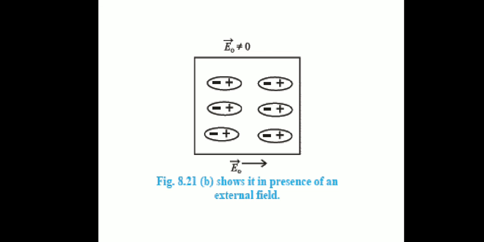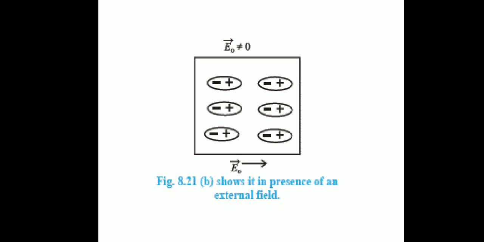Positive charge is displaced in the direction of the external electric field, whereas negative charges are displaced opposite to the direction of the electric field. So now in this case the dipole moments are in the same direction for all the molecules.